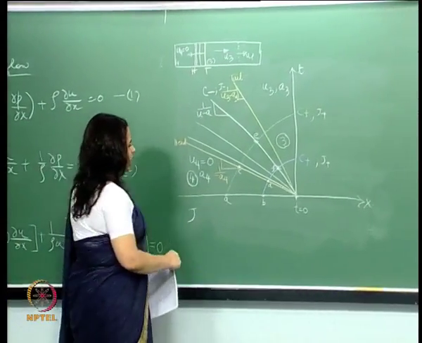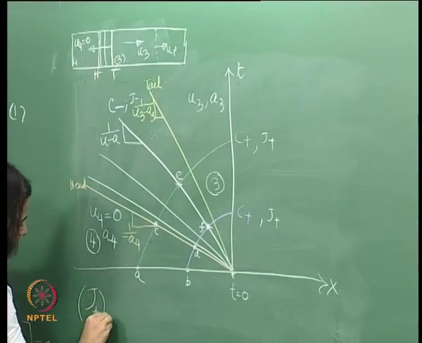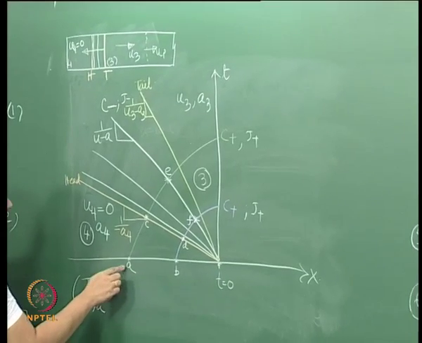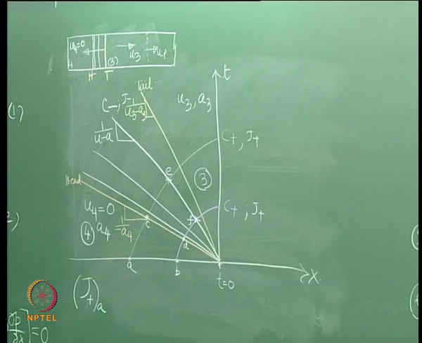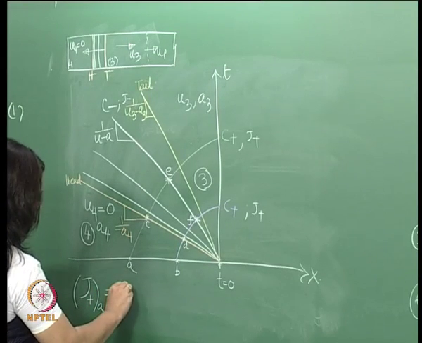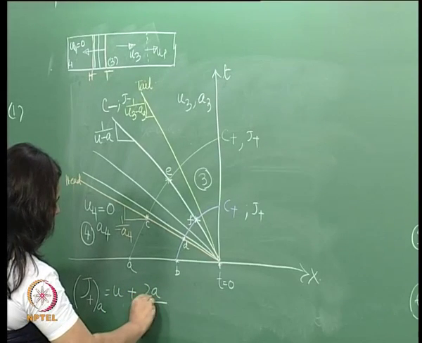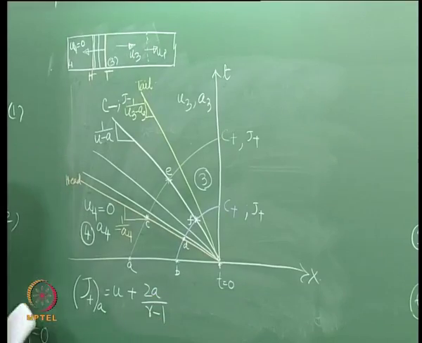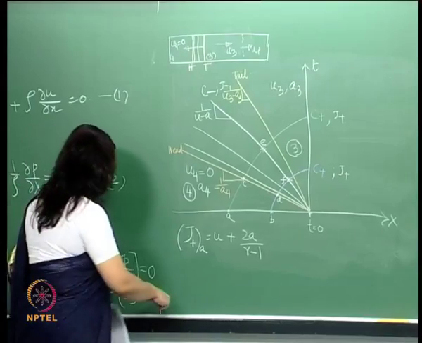Now, let us calculate J plus for A. This A point is in region 4, isn't it? So, this is essentially the J plus in the A region.